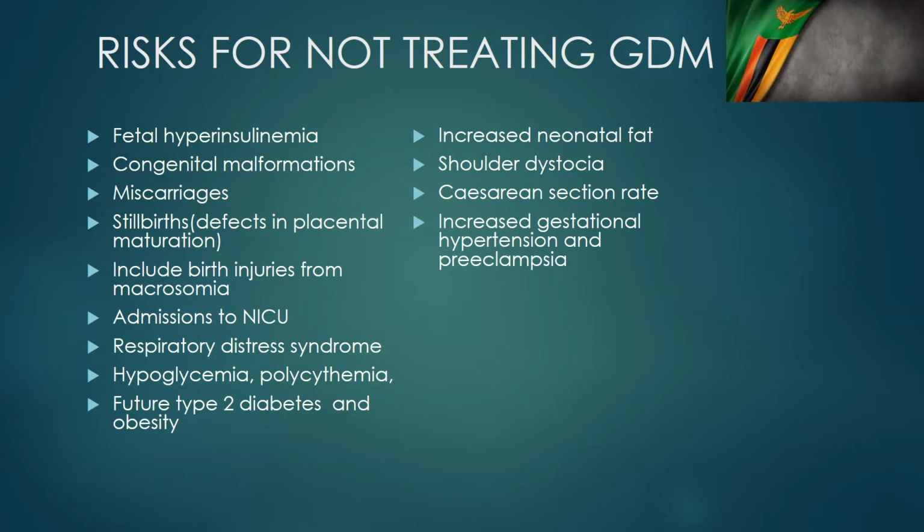There's increased risk of type 2 diabetes in adolescents born to mothers with gestational diabetes. There's increased risk of obesity as well. The mothers have an increased risk of cesarean section, and an increased risk of gestational hypertension and preeclampsia if this condition is not treated and controlled. So those are the risks that can happen to the fetus and the mother in case of gestational diabetes.